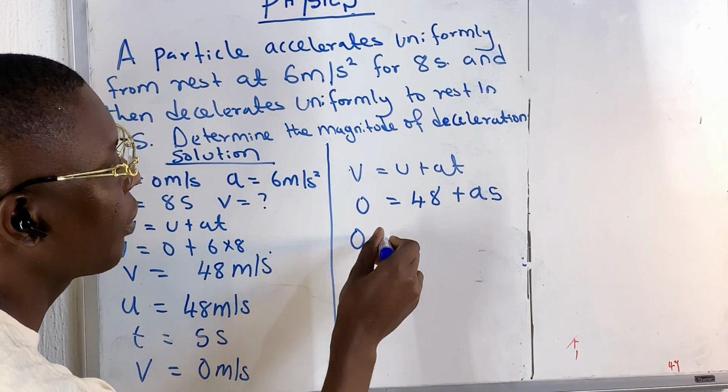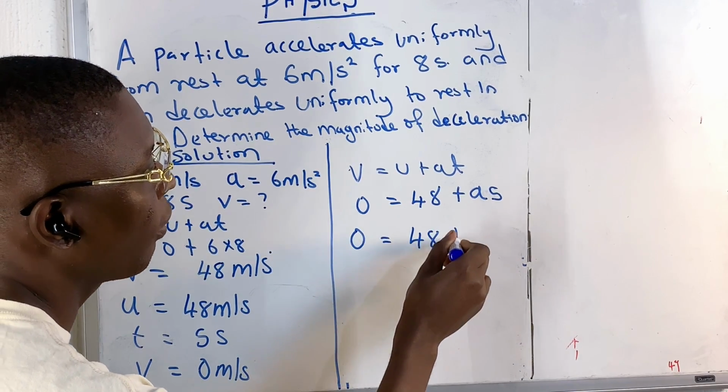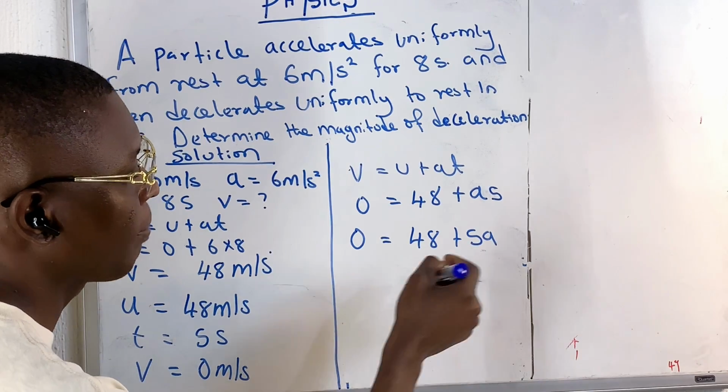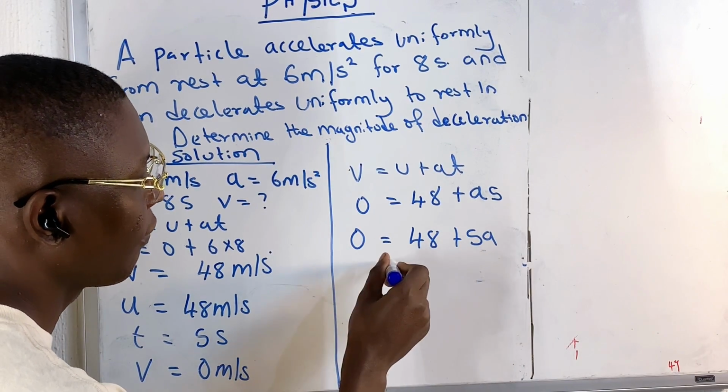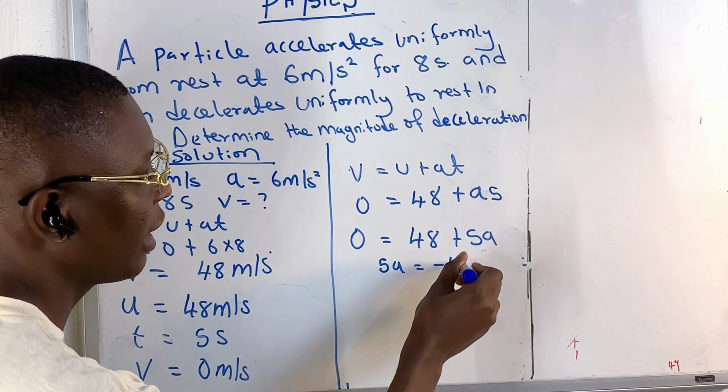So we are left with 0 is equal to 48 plus 5a. Now, collecting like terms and simplifying, we know that 5a is equal to minus 48.